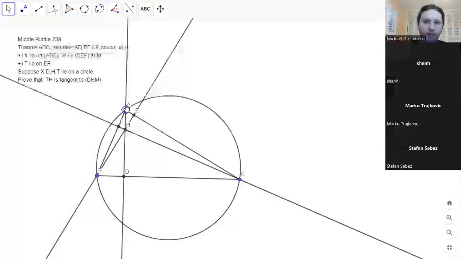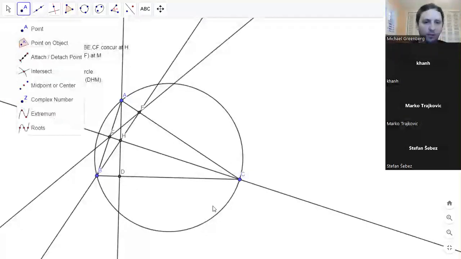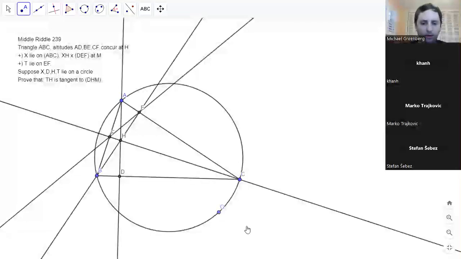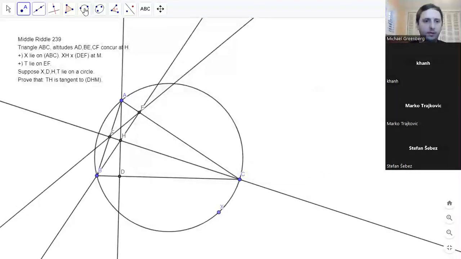T lies on EF. And XDHT is cyclic. So X is any point. We draw the circumcircle of XDH and we see where it meets EF.